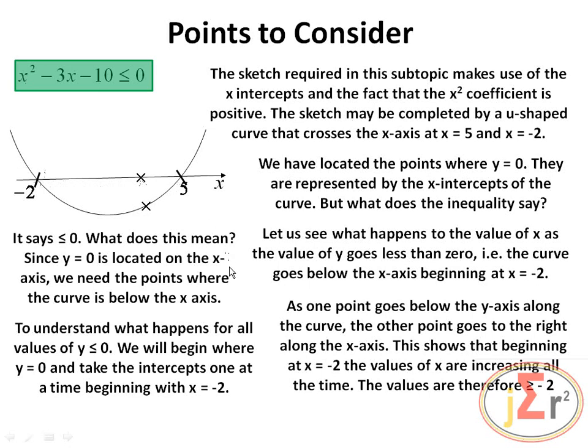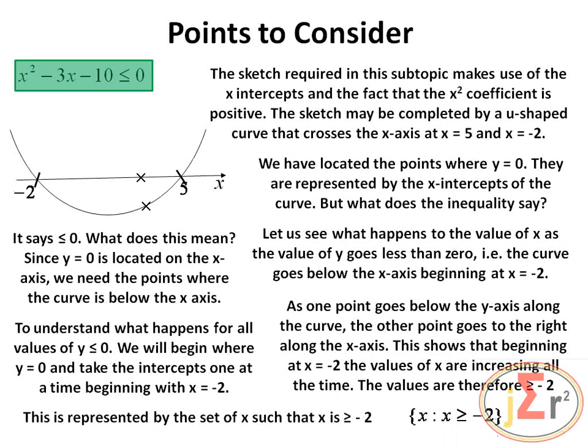The values are therefore greater than or equal to negative 2, and we may write that in the form of a set. This is represented by the set of x such that x is greater than or equal to negative 2. And there we have it in set notation.